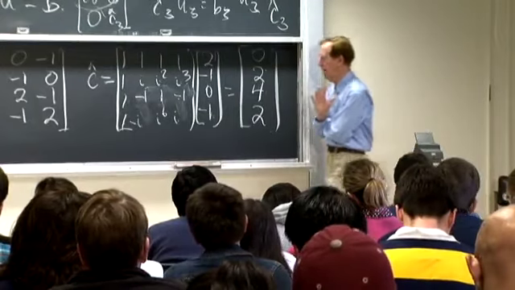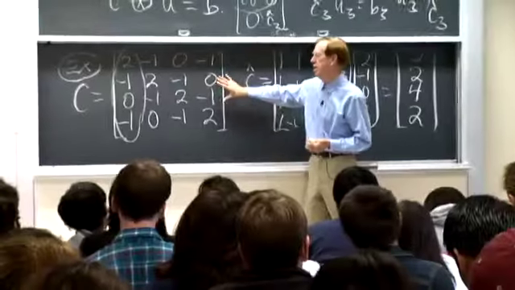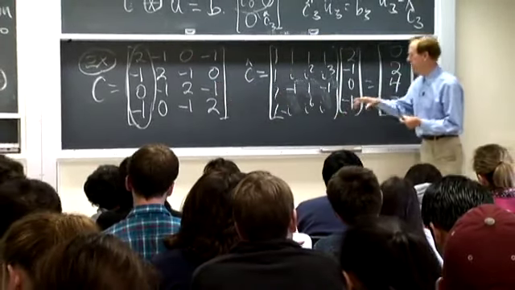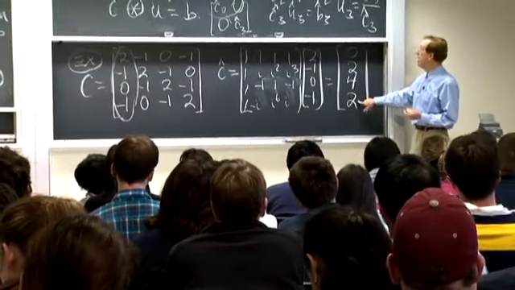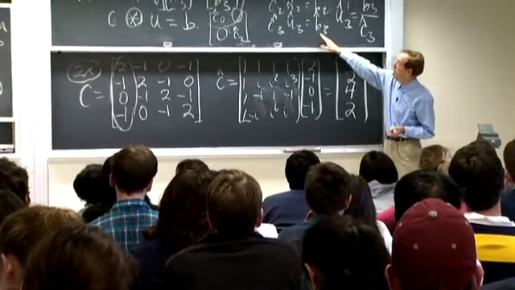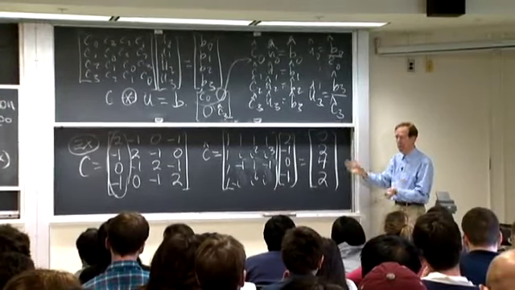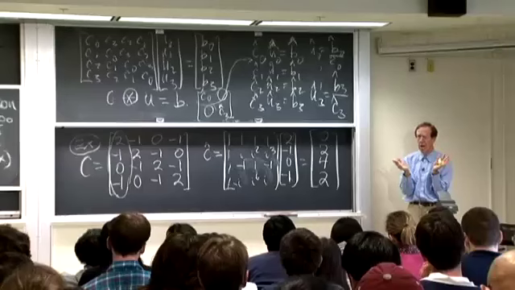I think you really are seeing all the good stuff here. You're seeing the matrix. We're recognizing it as a circulant. We're realizing that we could take its Fourier transform. We get the eigenvalues. We're diagonalizing the matrix. The convolution becomes a multiplication, and inversion becomes division. I hope you see that.